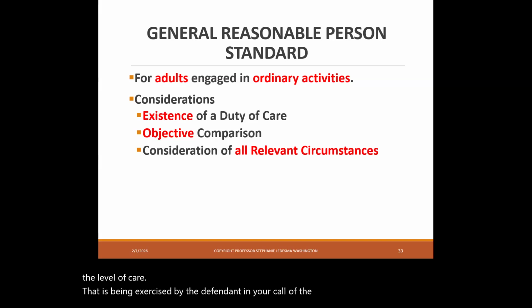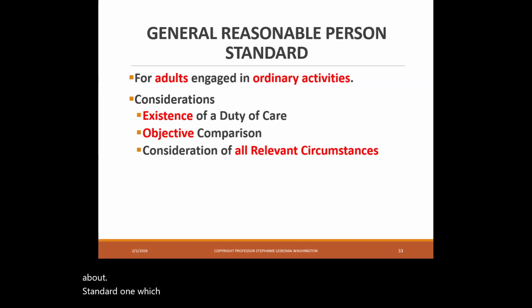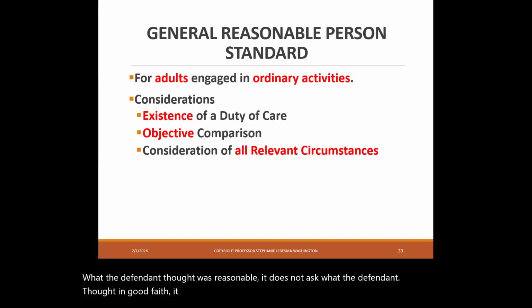Standard one, the general reasonable person standard, is applied to adults in ordinary activities. This is the objective standard. It does not ask what the defendant thought was reasonable. It does not ask what the defendant thought in good faith. It does not ask what you think is reasonable.